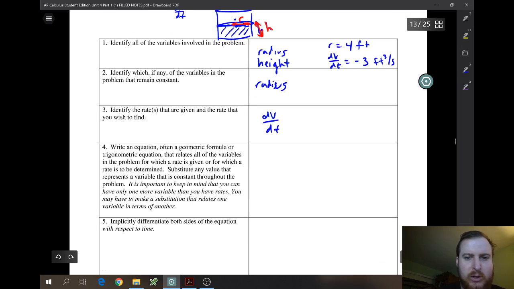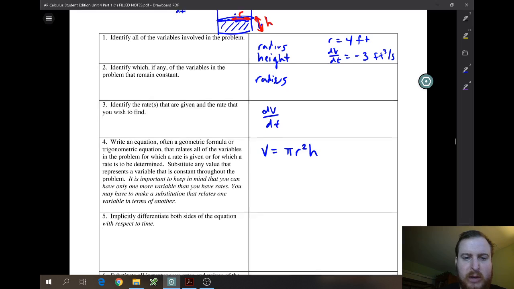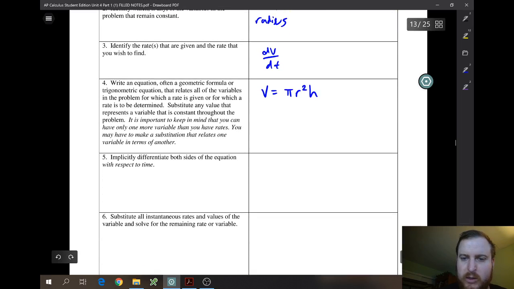So write an equation. Now, again, we have volume, so that's the equation we're going to use. So our equation is going to be V equals, and the volume of a cylinder is pi r squared h. Again, I'm going to provide you guys with a table that we can use, but we do want to start learning some of these. So V equals pi r squared h. And so we're going to take the derivative of both sides.